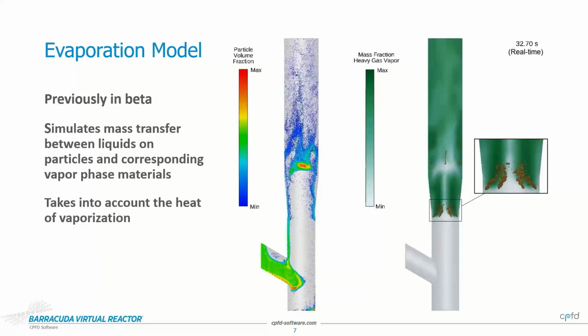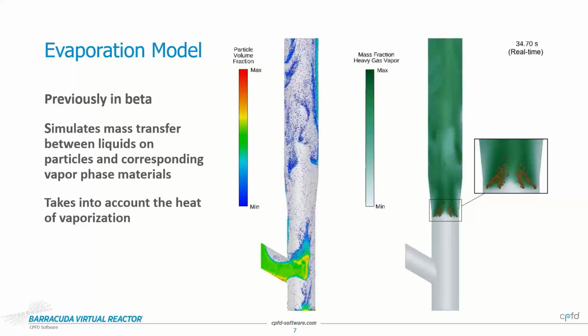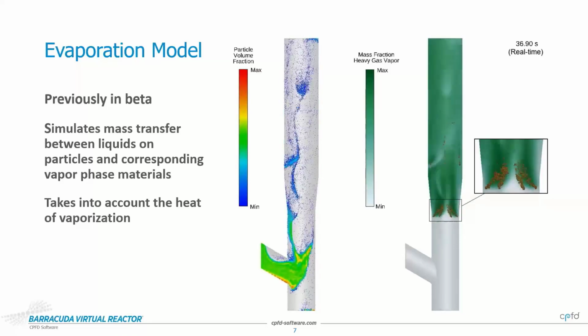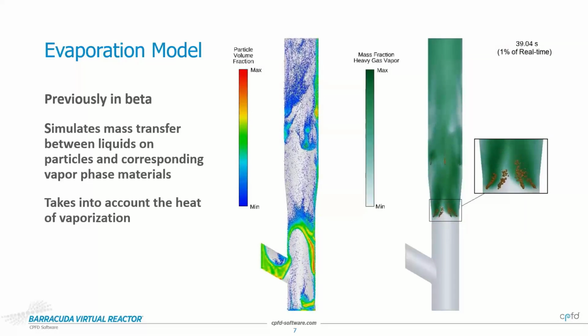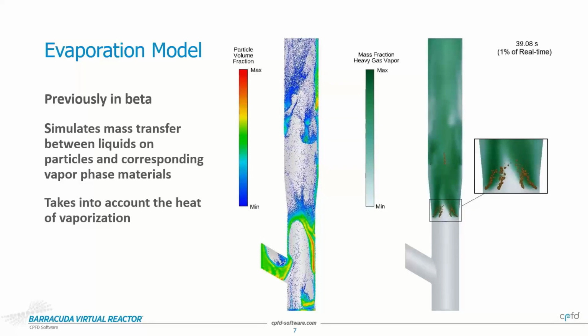This year, one of our main goals is to expand Barracuda Virtual Reactor's multi-phase simulation capabilities for vapor, liquid, solid, or VLS systems. And several features in the 22 release are exciting building blocks in this area.